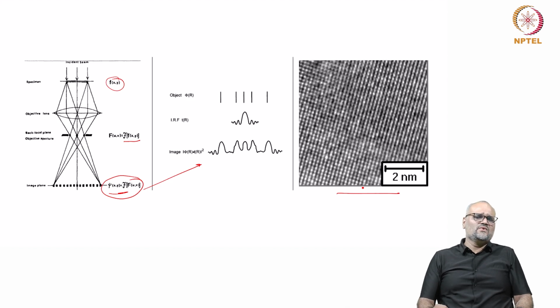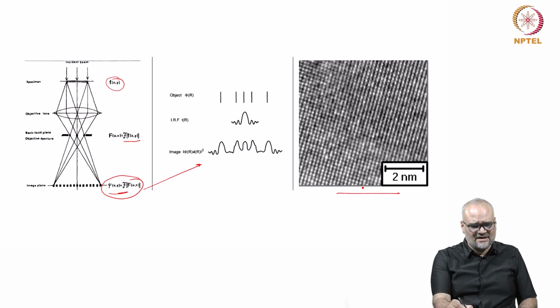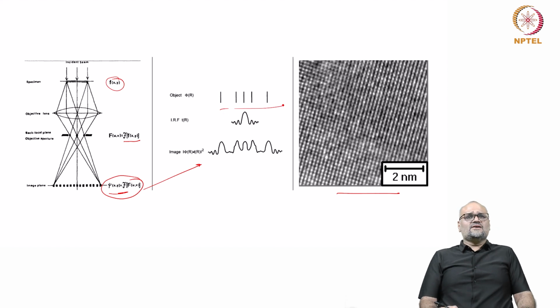We'll look at these in more detail as we go ahead in this lecture. But what you should remember is, when I see the electron waves that are scattered by the crystalline lattice, or in other words, when I have the object function or the exit wave function, this is actually modulating the phase of the electron beam that is incident on the sample.